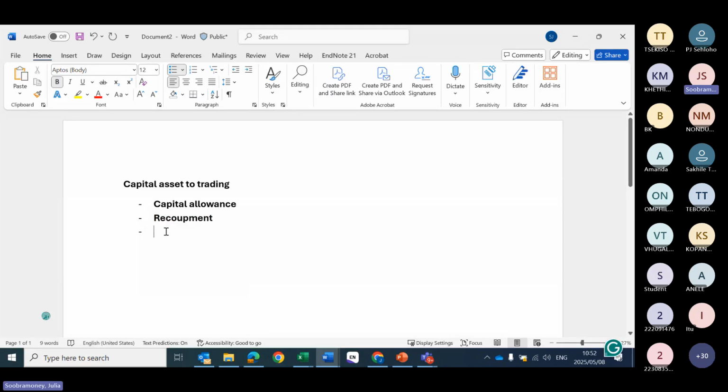Then you're going to calculate your CGT, which is your proceeds and base cost. Okay, I'm typing a bit fast here. You're going to determine that. So that is the normal way we sell an asset, correct? Because once again, capital asset to trading stock is equal to what?